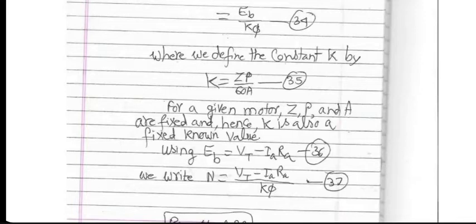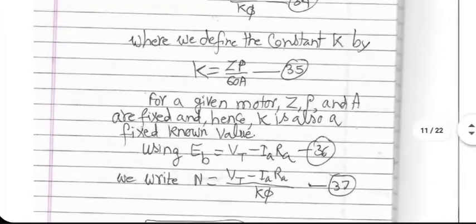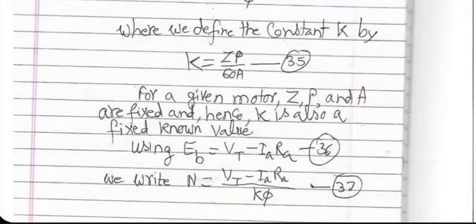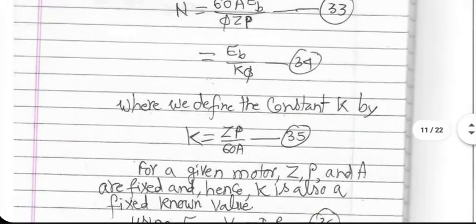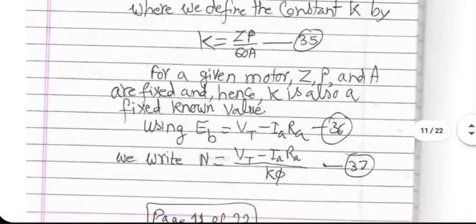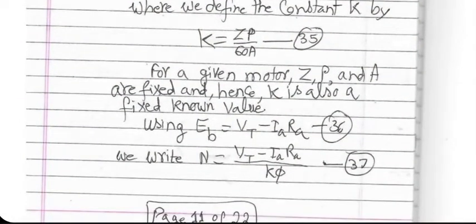So if you look at equation 36, which is derived previously for the shunt motor or separately excited motor, you can see that using equation 34 in 36, N is Eb divided by K phi, and Eb is Vt minus Ia Ra. So N becomes Vt minus Ia Ra divided by K phi.